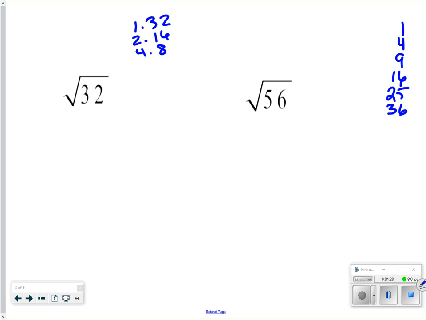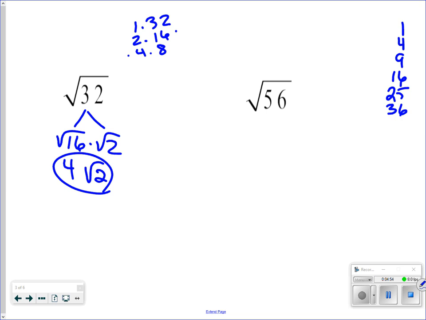You could pick 4 times 8. 4 is on your list as a perfect square, but do you also see 2 times 16? If you have two choices, you always have to pick the biggest choice. So for this one, we have to use 16 and 2. 16 comes from 4, drop down the 2.